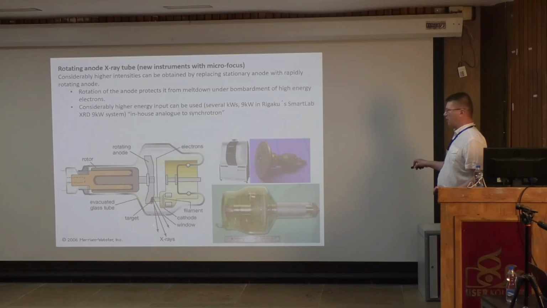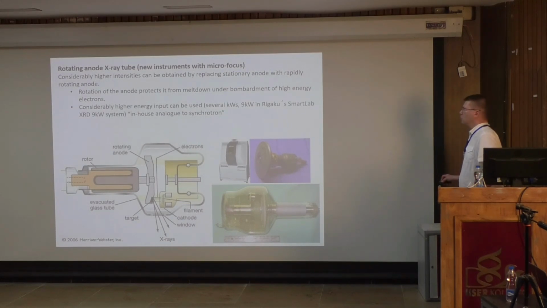The same way, it comes out here, but it's much more powerful. This was used previously in protein crystallography work. These are what we call the 9 kilowatt rotating anode systems. The only difference is that the beam is brighter and stronger.